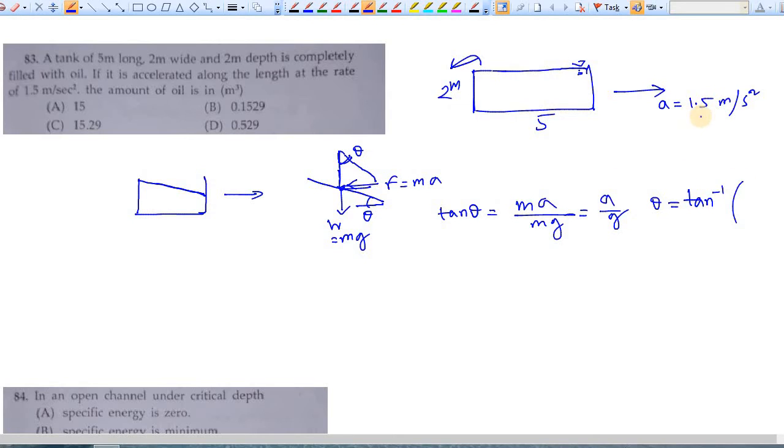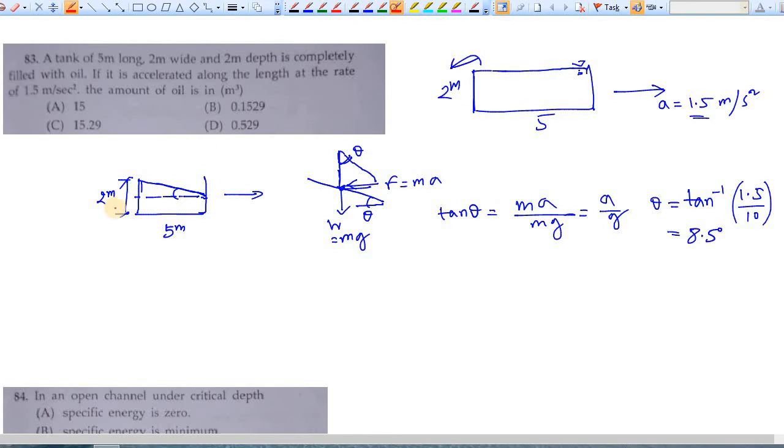So theta is simply tan inverse of a by g. a is 1.5 divided by g, let's say 10, and theta you can calculate. I have calculated it as almost 8.5 degree. So this is 5 meter and initially it was 2 meter. So what is this height?